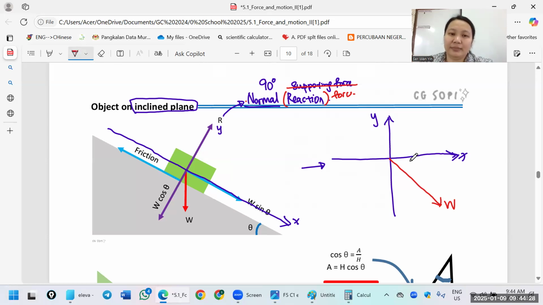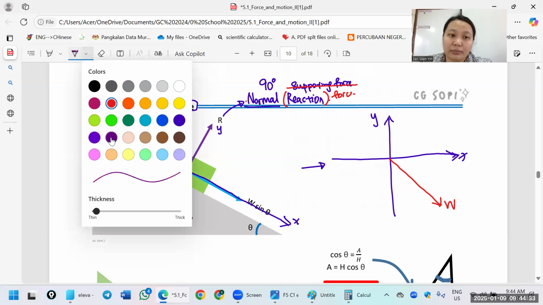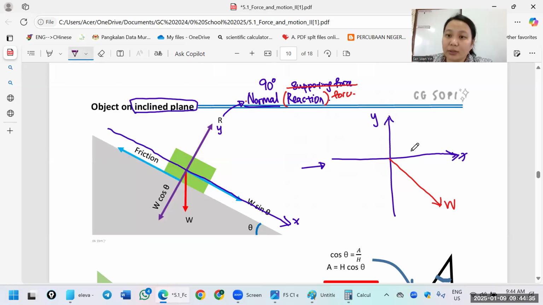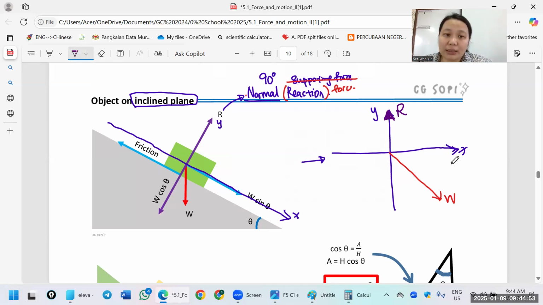Since the normal reaction is always here, then we label. If the tilted one is hard to see, you can redo the XY axis, but you must label it properly here.